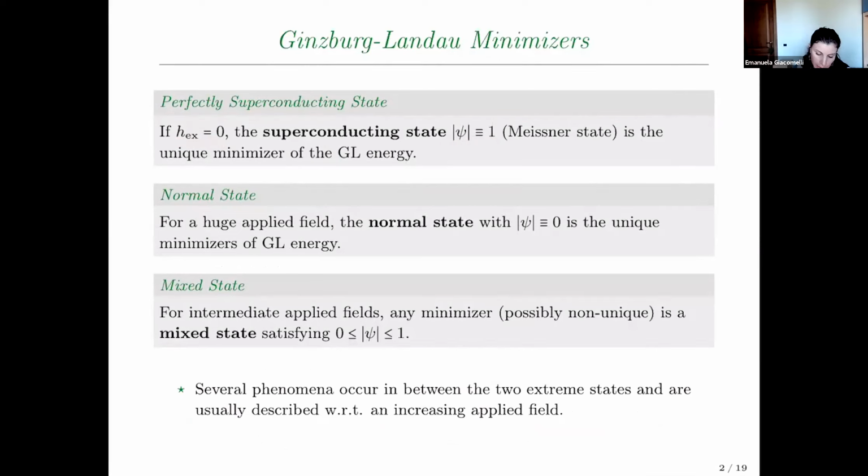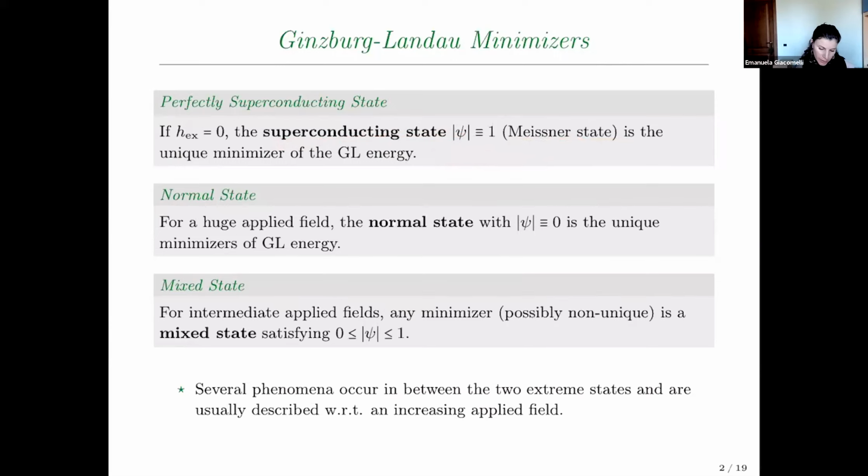I didn't write it here, but the induced vector potential has to be thought as equal to 0. This means that our sample is in the so-called superconducting state, the Meissner state, in which there are all the superconducting properties.